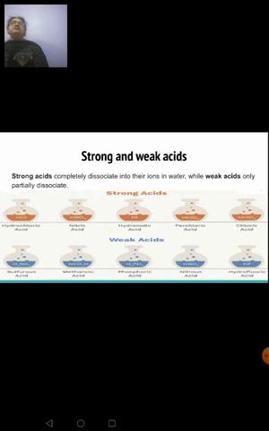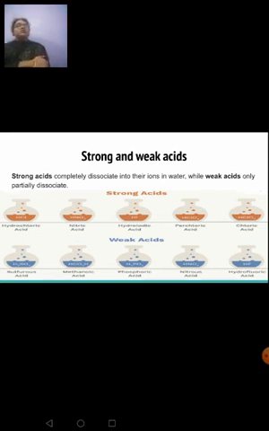See, acids that in aqueous solution tend to release a larger number of hydrogen ions are said to be strong acids, and those that release a lesser amount of hydrogen ions are said to be weak acids. Or in other words, you can say strong acids completely dissociate. Dissociate means getting separated into their ions in water.